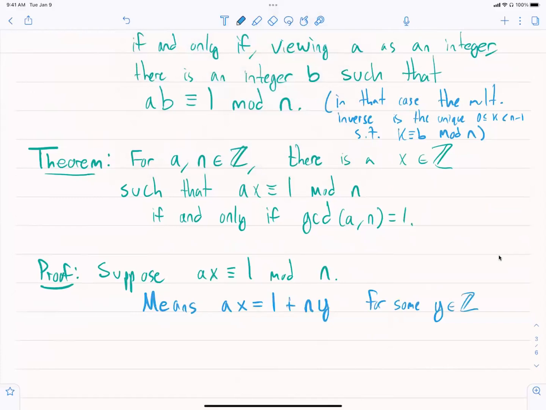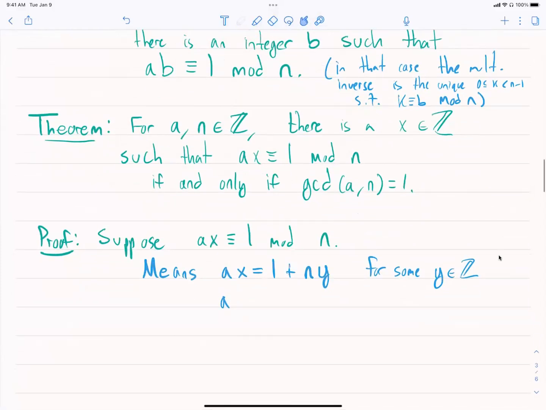Then I move it to the other side, so I get AX plus minus N times y is equal to 1.